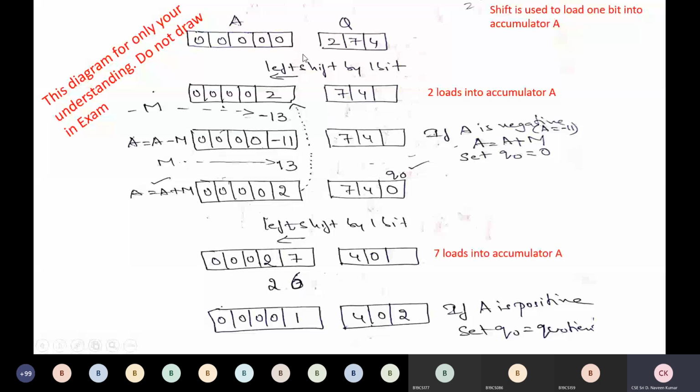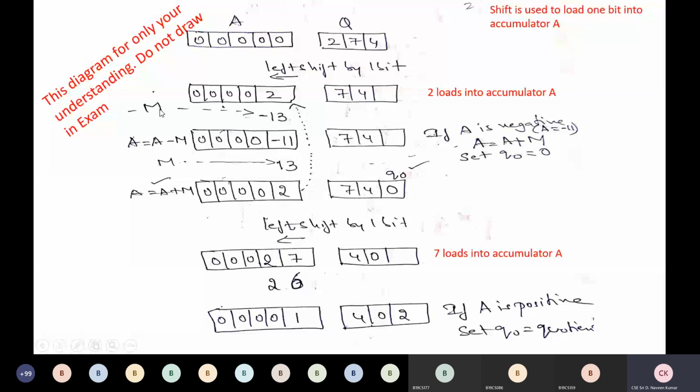When we left shift, this 2 comes here, 7 comes here, 4 comes here, and this becomes empty. You can see here, earlier they were all zeros. 2 shifted to the left side, that's why I got 2 here. 7 shifted, 4 shifted, and this is left empty. So we can say the accumulator A is now loaded with 2, right?